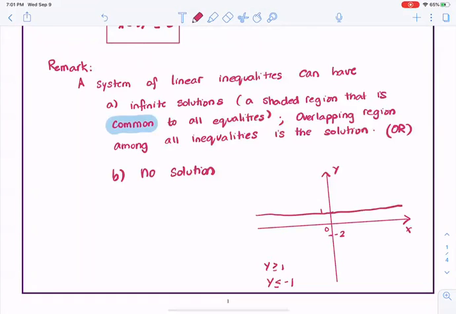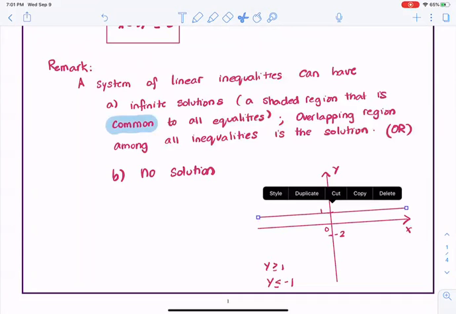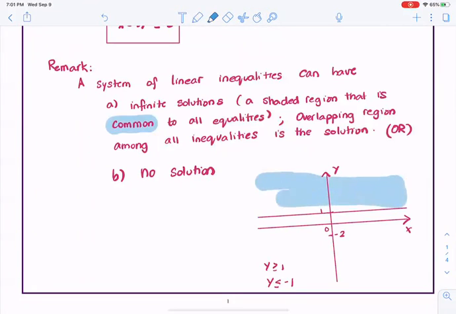Greater than or equal to 1 would simply mean that line. We start with a line. And everything above. So I'll just go ahead and shade all of that. And the other line, I meant to write negative 1.